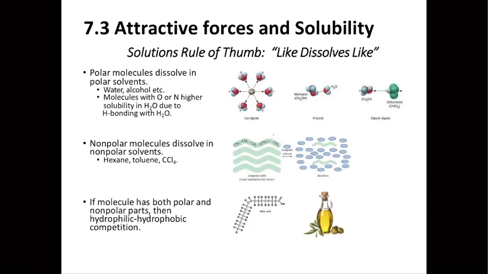Now, how do we know that things dissolve? Well, we have a rule of thumb that determines if things are dissolving, and that rule of thumb, as you can see here, says like dissolves like. So what does that mean?